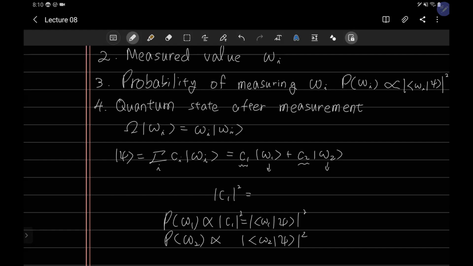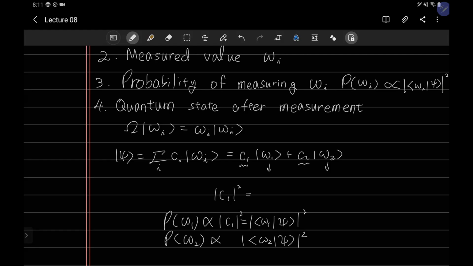And finally, the most embarrassing fact is that before our first trial of the measurement, the quantum state might be like this one, and all we can predict is the probability to measure either omega-1 or omega-2. But quantum mechanics never says what value you will measure next time. So the actual selection of the value is kind of random.